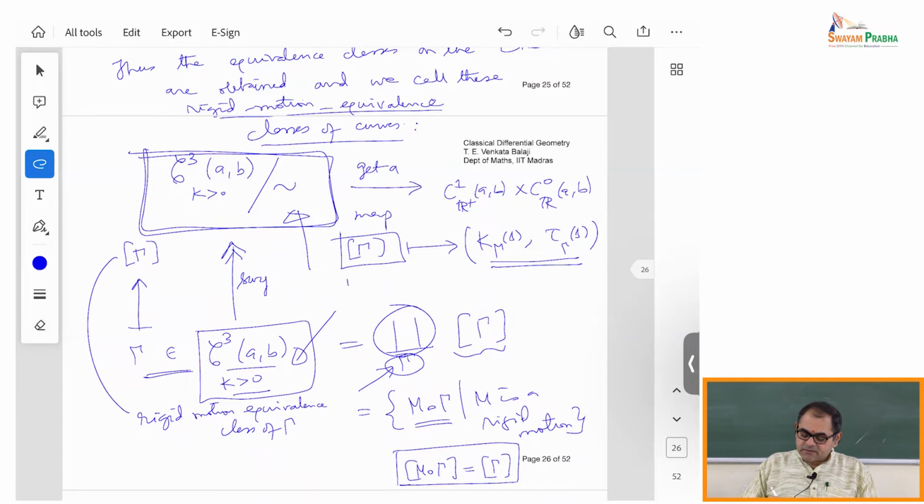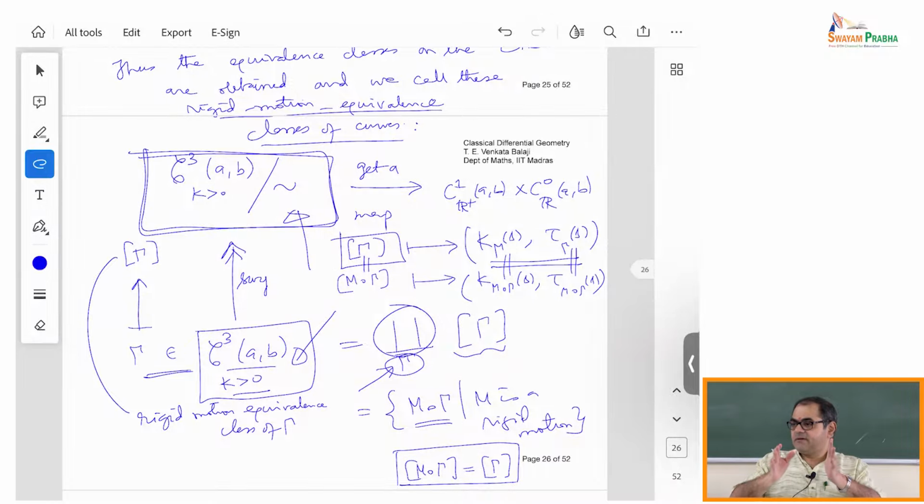I will get k of M circle gamma of s comma tau of M circle gamma of s. But what have we proved? These two are the same. That means that on the left side, the square bracket gamma and square bracket M circle gamma are the same because they are equivalent. Gamma and M circle gamma are equivalent elements. Therefore, their equivalence classes are actually the same.